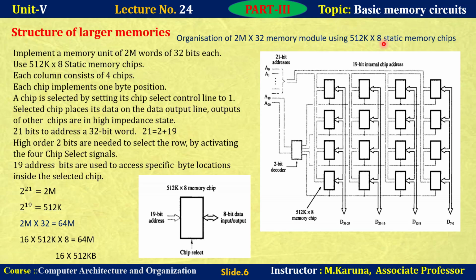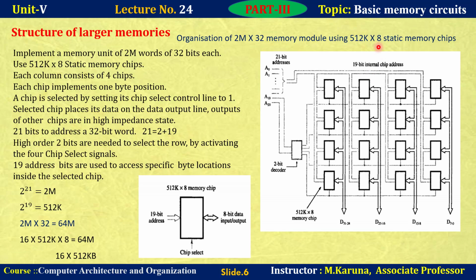The available chips are 512K x 8. With these chips, we have to construct 2M x 32. 2M x 32 equals 64 mega cells required to construct the memory.